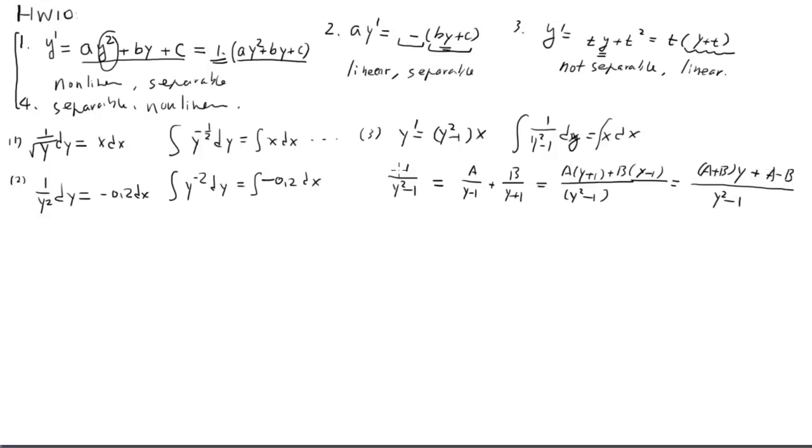And if you look at it, this is 1. That means we have really 1 plus 0y. And we compare these two numerators, we have a pair of equations: a plus b must be equal to 0, the coefficients should match, and a minus b should be equal to 1. And solving this one over here, we will have the decomposition, and then we integrate, and you can actually see these things in the textbook.